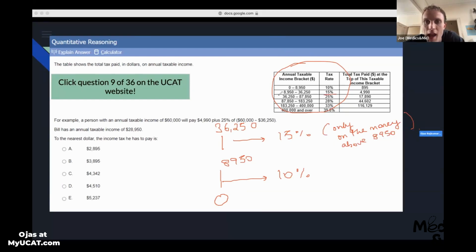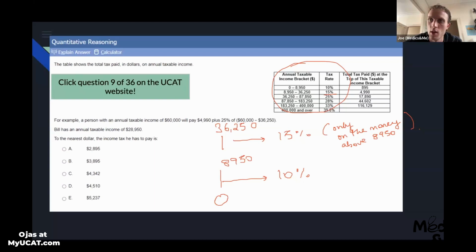And that means if I earn over 36,250, I'll be paying £4,990 in total. Now it's very important with these tables to pay attention to the heading in each table. It tells you the total tax paid at the top of this taxable income bracket. That's the total tax you pay overall, not just the total tax within that bracket.